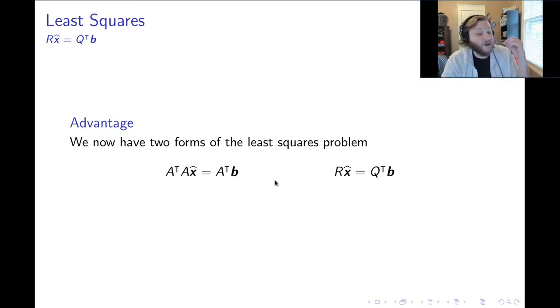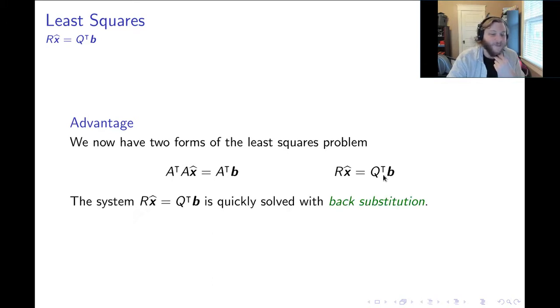But if I have a QR factorization, I know my least squares problem will reduce to R times x hat equals Q transpose times b. With the QR factorization, the simplified version of the least squares problem is much more quickly solved with back substitution because R is upper triangular.